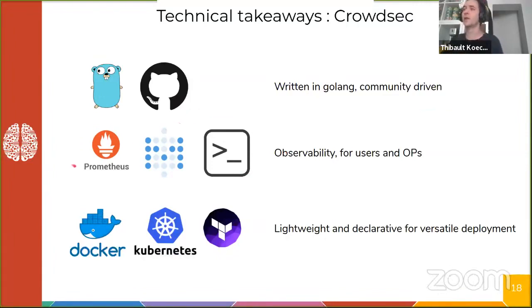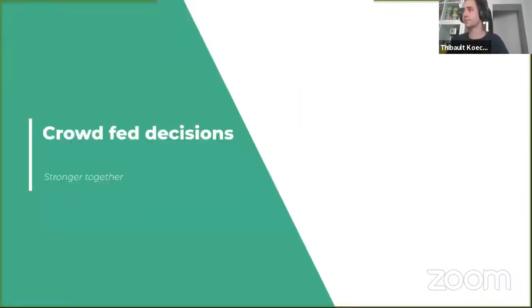So there is a very strong Prometheus instrumentation already present to allow sysadmins to understand what is going on and what actions are taken. For more classical humans, we have the Metabase dashboard that we saw, and for system administrators, it aims to be as friendly as possible. And it is lightweight and declarative, intended for very versatile deployments such as containers.